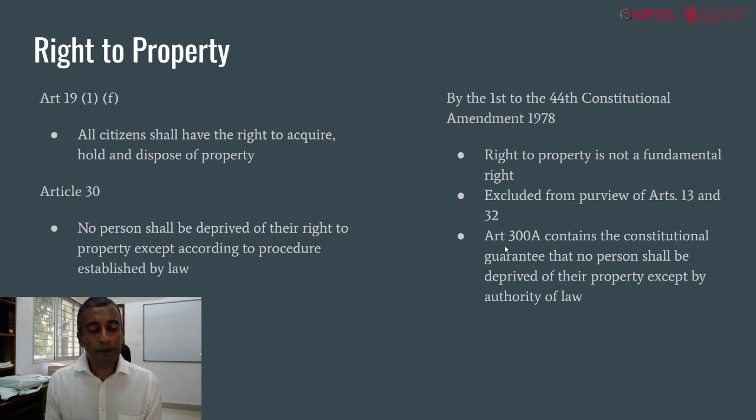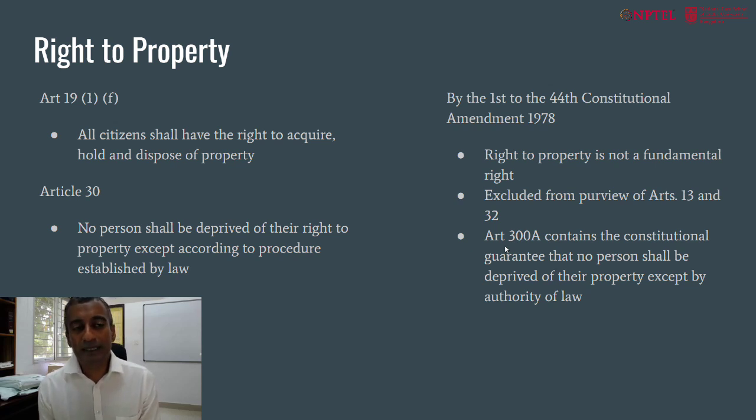The right to property was placed in the Constitution in two different articles in the Constitution of India 1950. Article 19(1)(f) provided that all citizens shall have the right to acquire, hold, and dispose of property. Article 30 provided that no person shall be deprived of their right to property except according to procedure established by law.